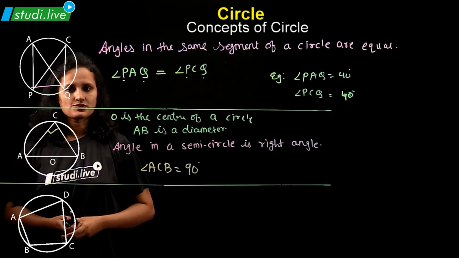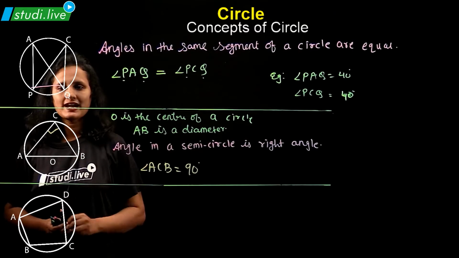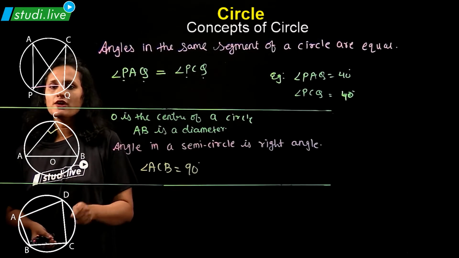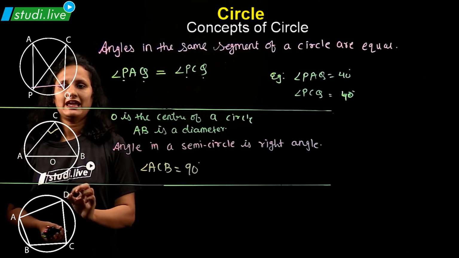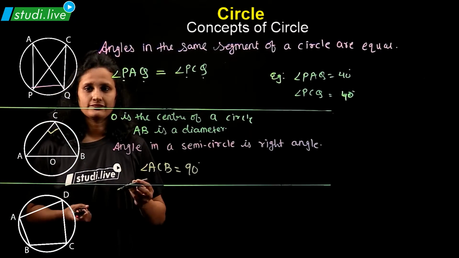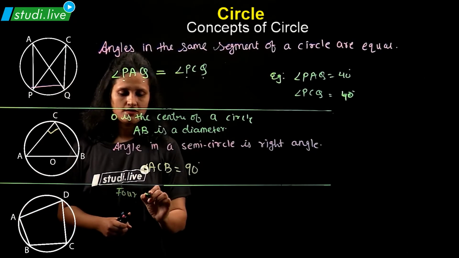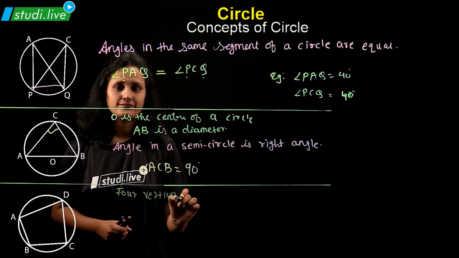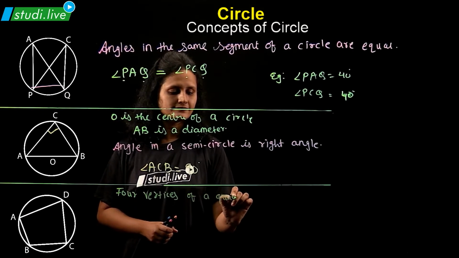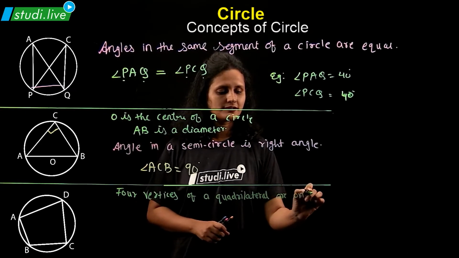Now next concept student, ABCD. It is a quadrilateral because it has four sides, side AB, BC, CD and AD, and four vertices are on a circle. It means quadrilateral ABCD is a cyclic quadrilateral. Four vertices of a quadrilateral are on a circle.